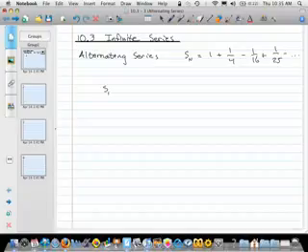S sub n equals the sum from n equals 1 to big N of, obviously there's the 1 over n squared term, and I'm going to put that a little further out here, 1 over n squared, because that's what's in the denominator.